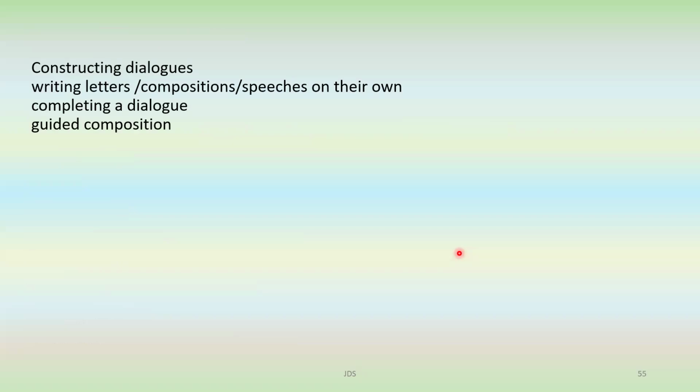Developing dialogues, writing letters, essay writing, all those. Completing dialogues, fill in the blanks, semi-controlled. Guided composition, once again, semi-controlled. You give them the subtopics.